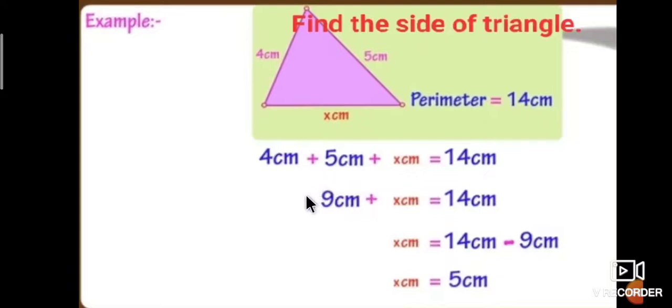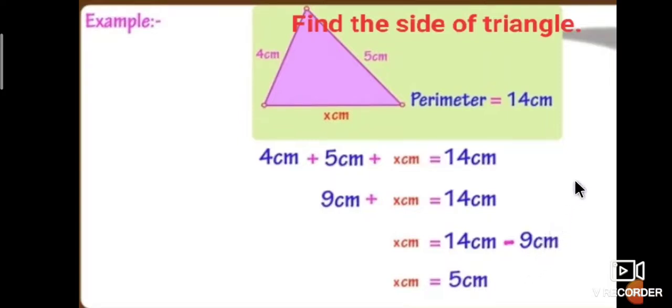The 9 centimeter is transferred from left to right, and plus 9 centimeter becomes minus 9 centimeter. Therefore, x centimeter is equal to 14 centimeter minus 9 centimeter, that is x equal to 5 centimeter. Therefore, the third side of the triangle is 5 centimeter.